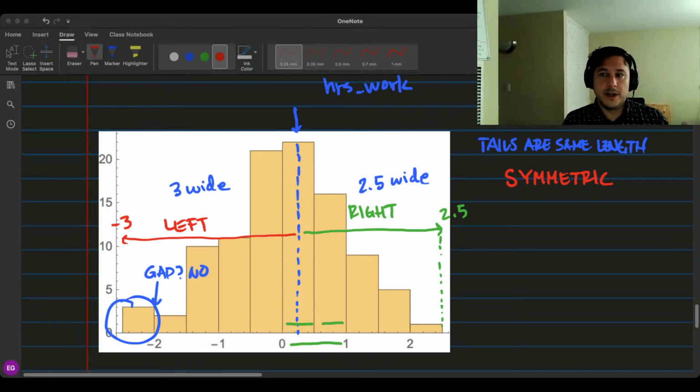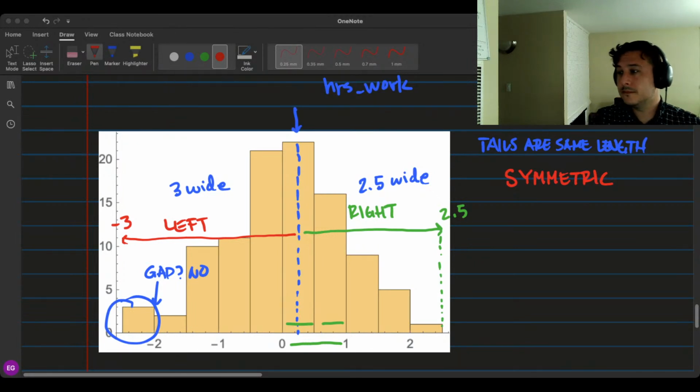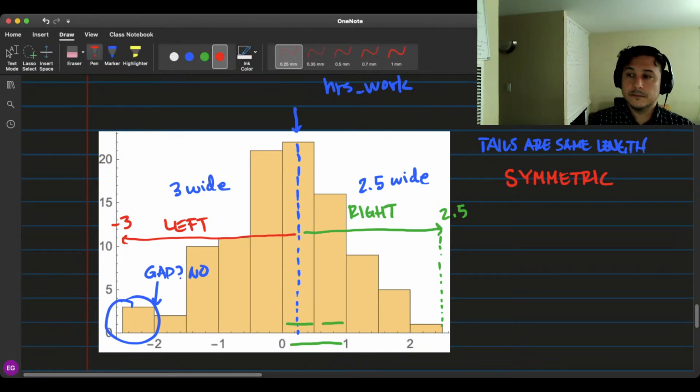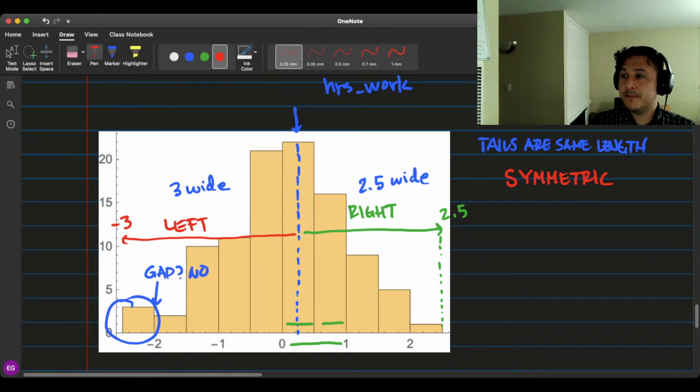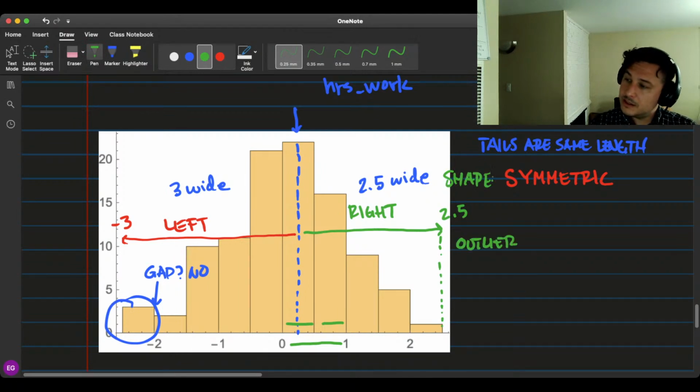And then there'll be the center and the spread. So in terms of shape, this is a symmetric graph. In terms of outliers, there are none.